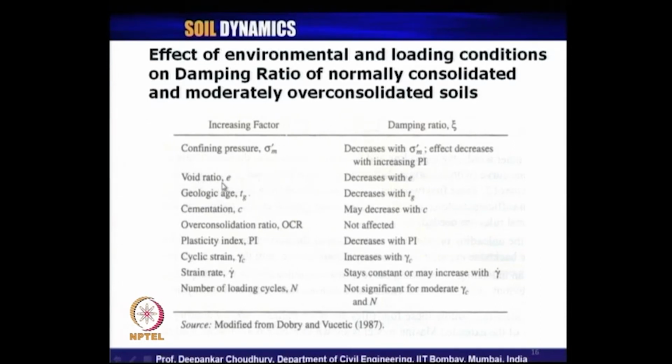Now, what is the effect of void ratio? If the void ratio increases, the damping ratio decreases. What is the effect of geologic age? If the geologic age of the soil increases, damping ratio decreases.